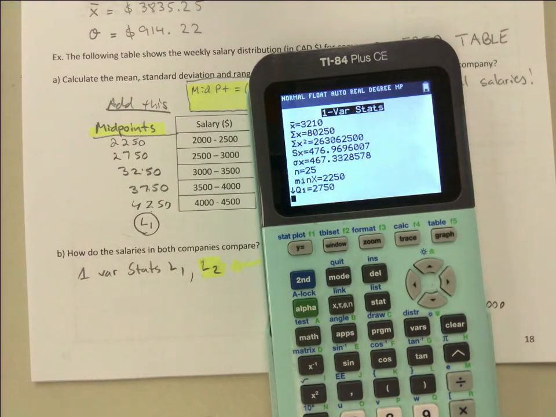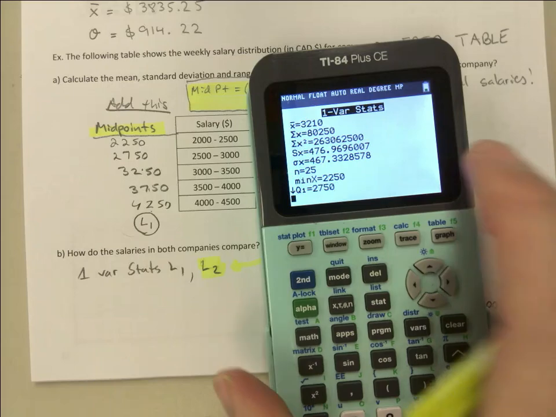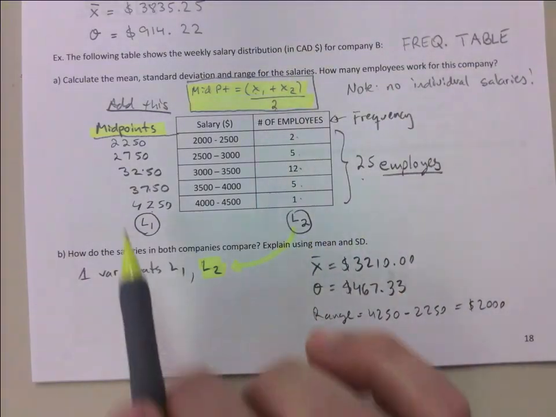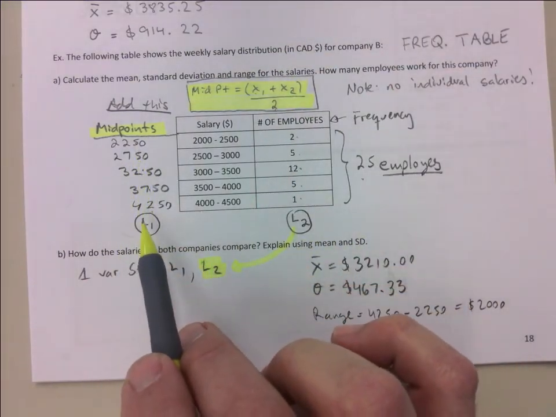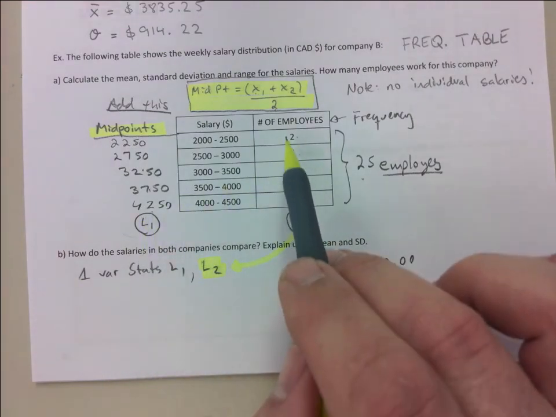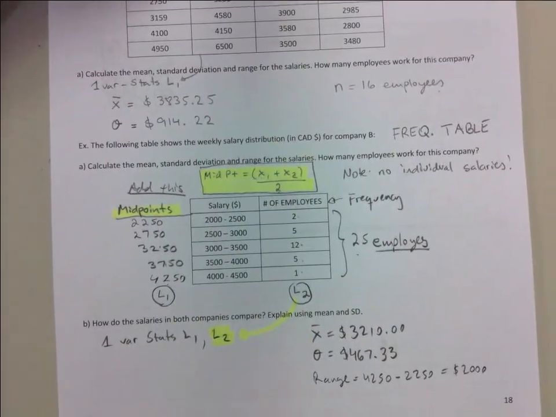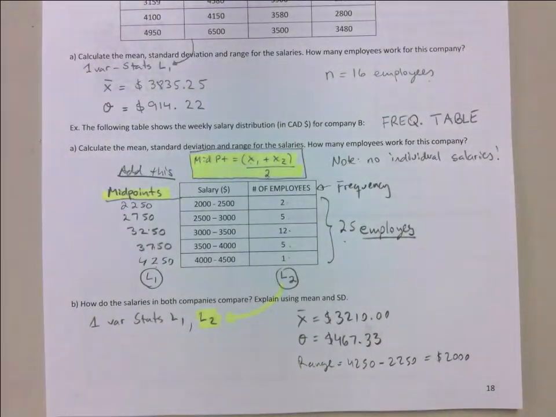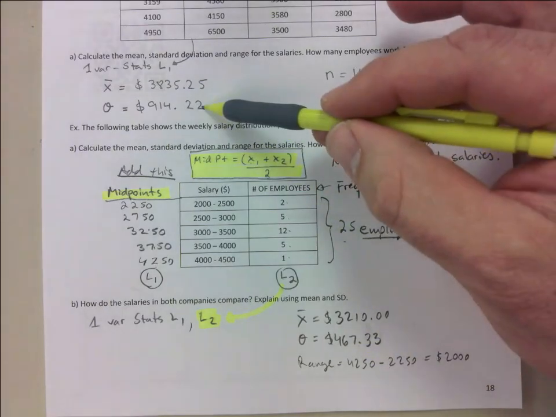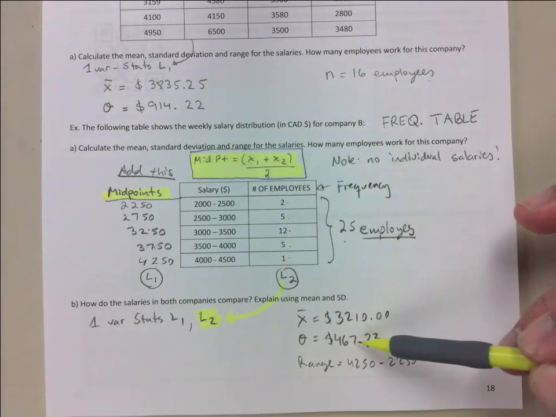The calculator understands, oh, okay, you're giving me the salary, the midpoint, and you're telling me how often that happens. Okay, so the calculator knows what's happening here. Which company is more consistent when it comes to their salaries? Which one is more consistent? This one or this one? This one, right?